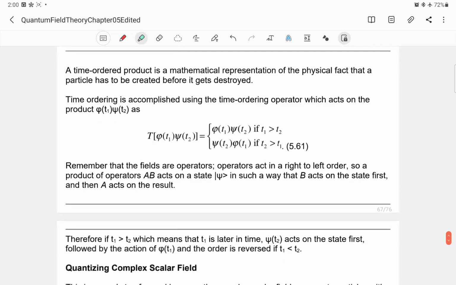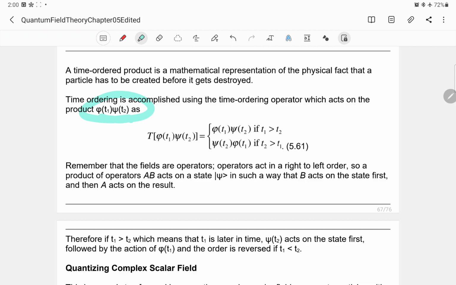Now there's also a time ordered product, which is a mathematical representation of the physical fact that a particle has to be created before it gets destroyed. So time ordering is accomplished by using the time ordering operator, which acts on the product, this one.